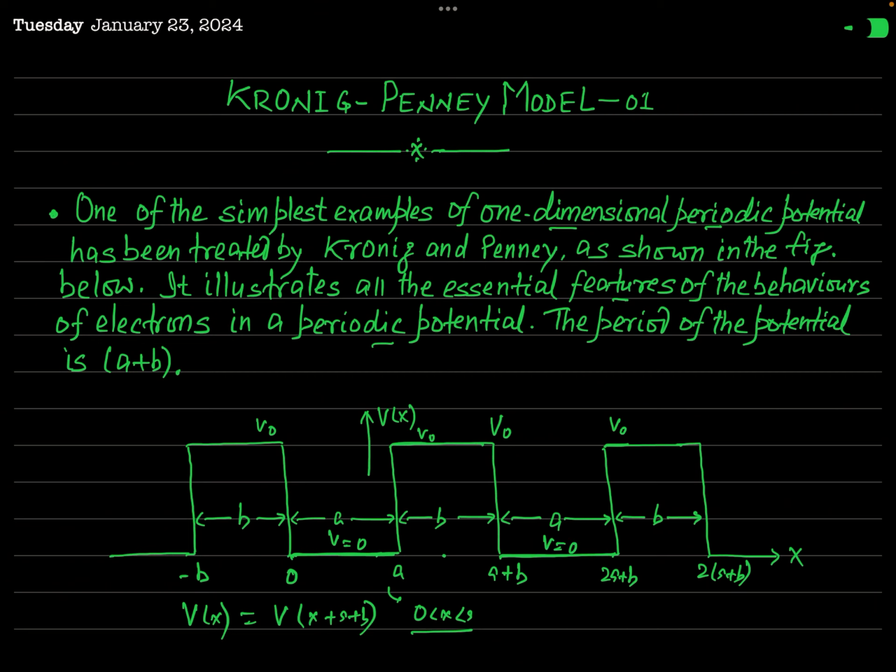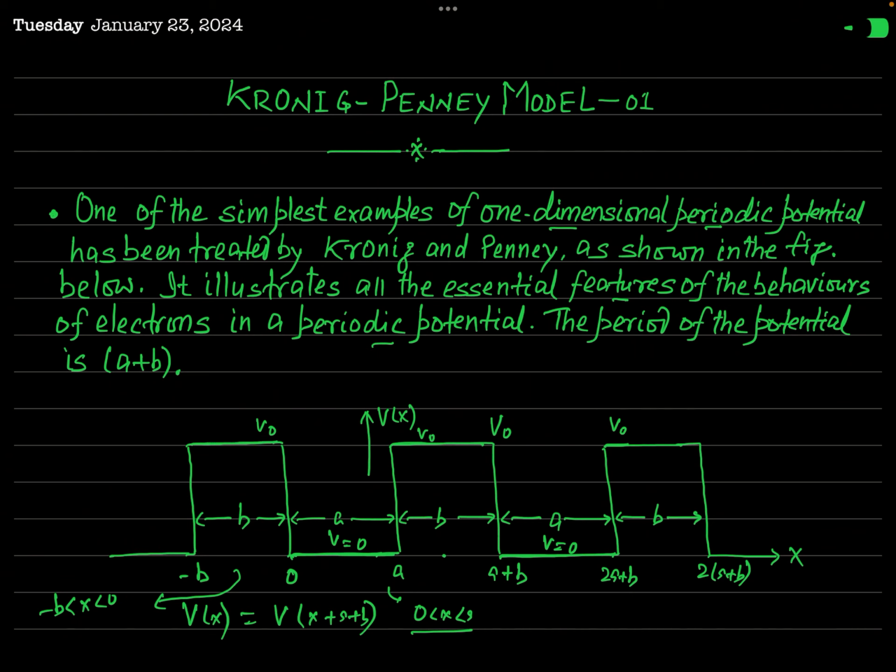But outside of this potential well, in the region where minus b is less than x and x is less than 0, the potential is constant and equal to V naught.